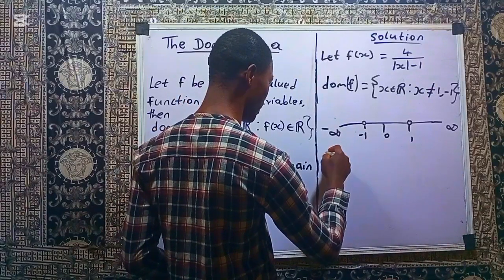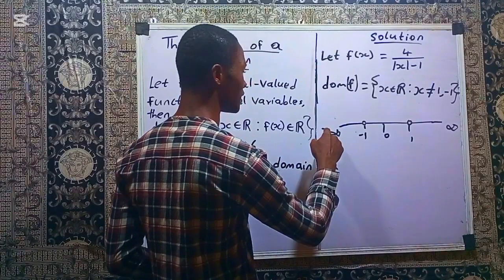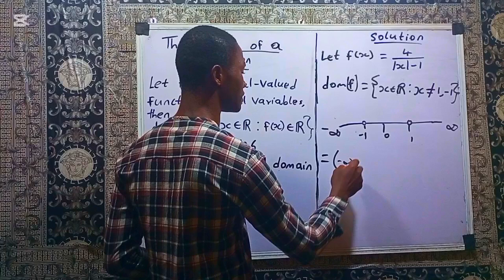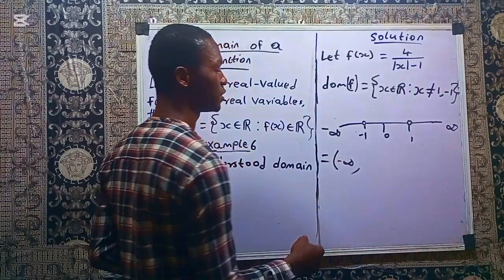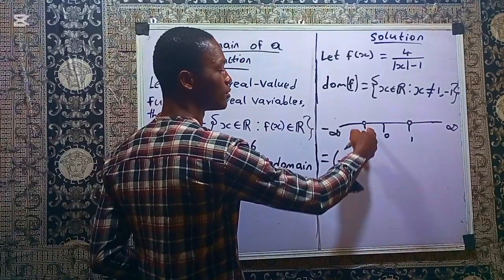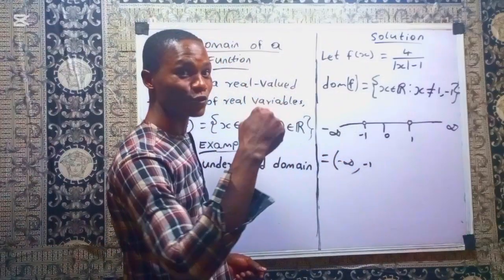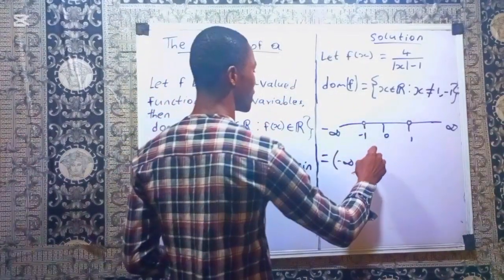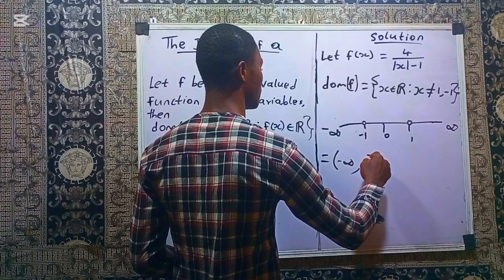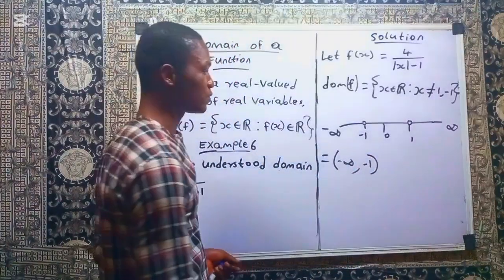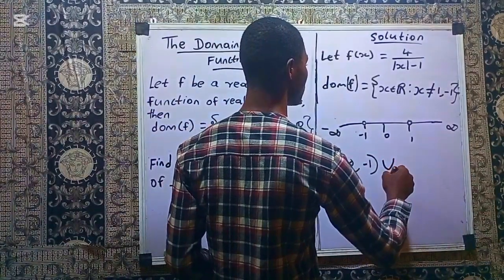So I'll say my domain will be equal to, I'll write negative infinity with open bracket, comma, then I'll write my minus 1. Because minus 1 should not be inside it, I'll use open bracket. If the point is inside it, you use close bracket. Then union.